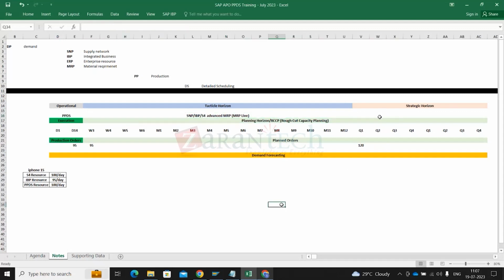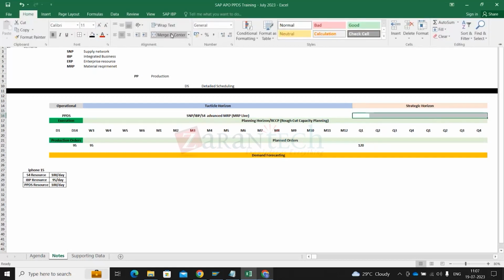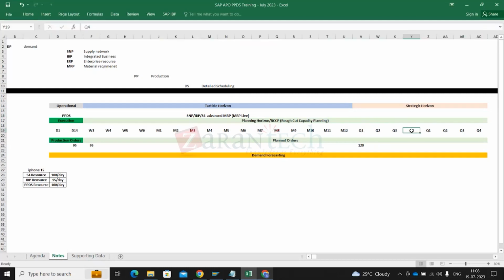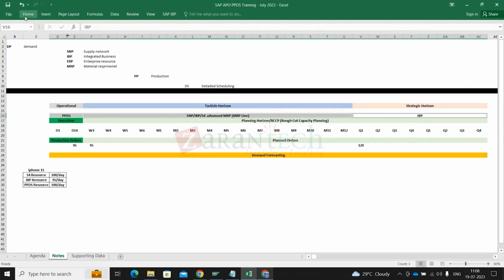When it comes to the tactical strategic planning horizon, SNP cannot be used there, neither can MRP, because you cannot do planning over such a vast horizon. These tools also do some sort of quick simulations. That is the marketing idea for SAP also, that you have to do tactical strategic planning with the IBP engine.